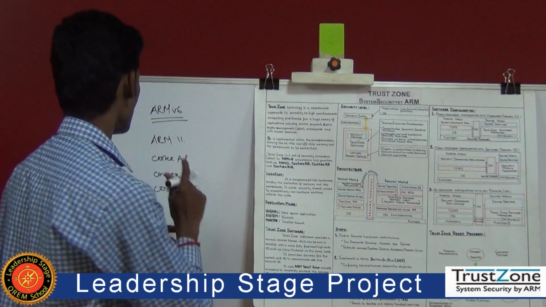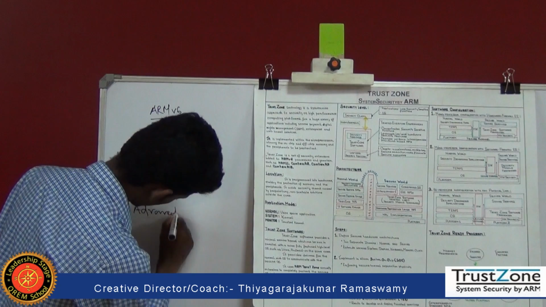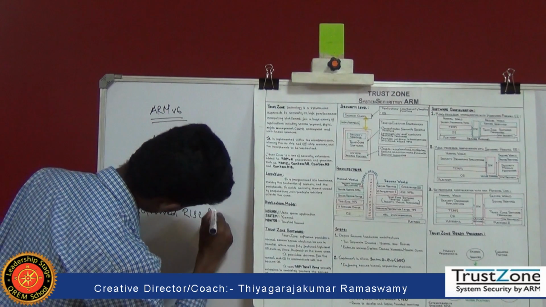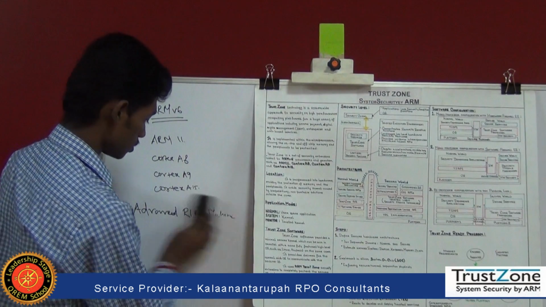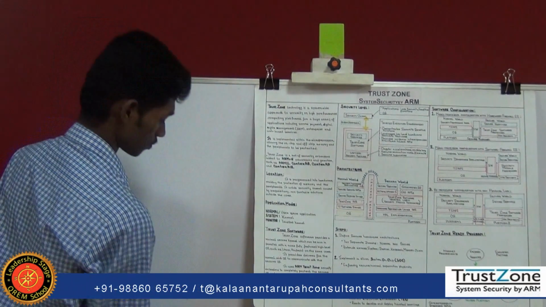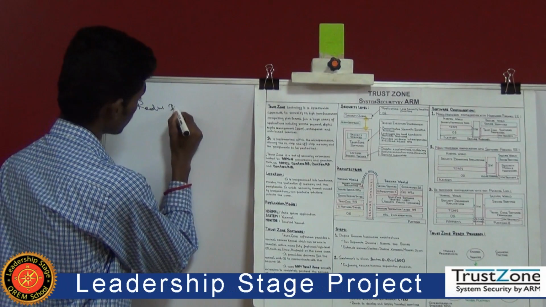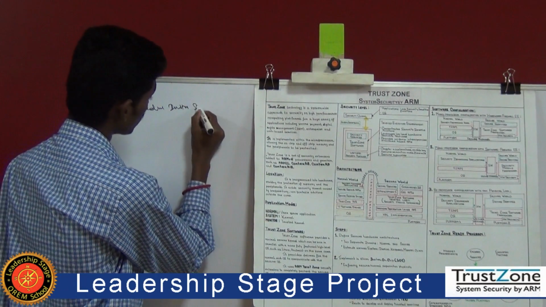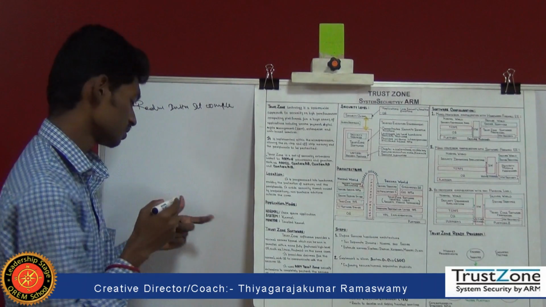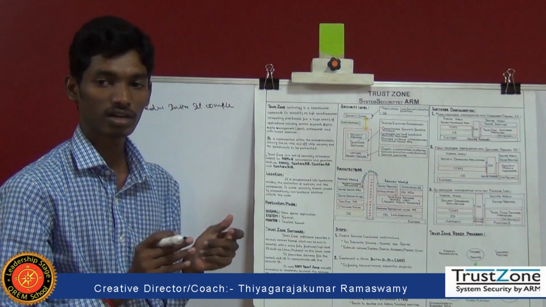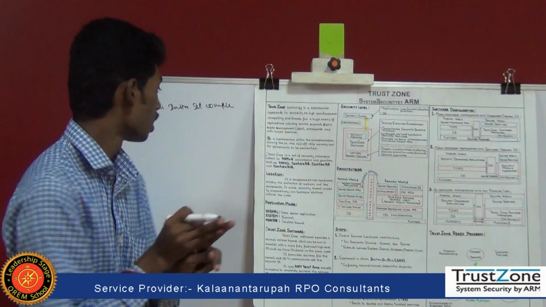What is an ARM processor? ARM processor is nothing but Advanced RISC Machine. RISC is nothing but reduced instruction set computer. An instruction set is part of computer architecture which is related to the program and which includes the addressing modes and memory.